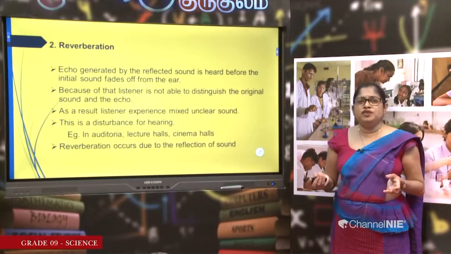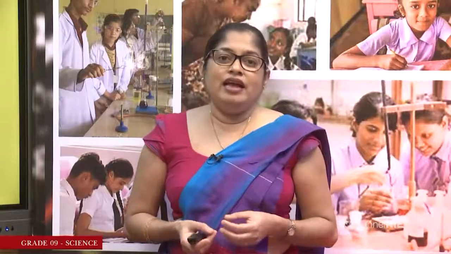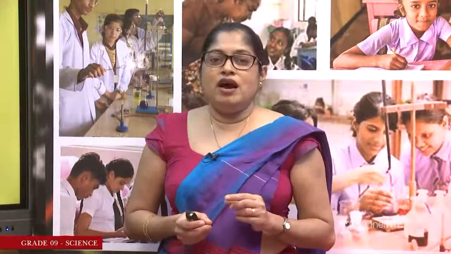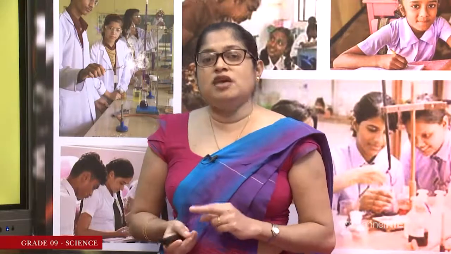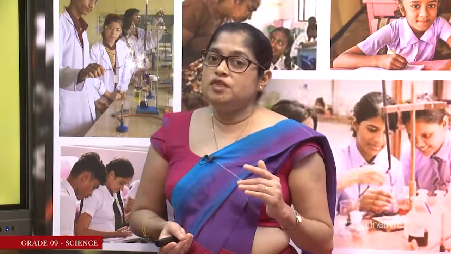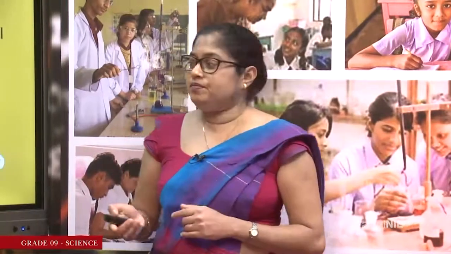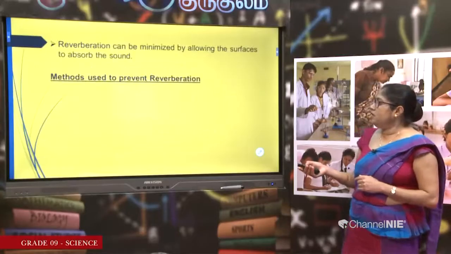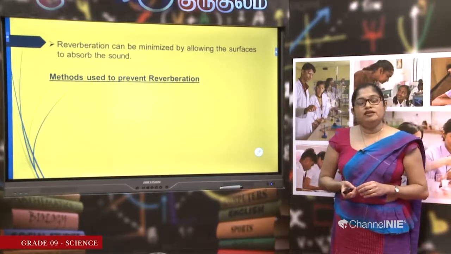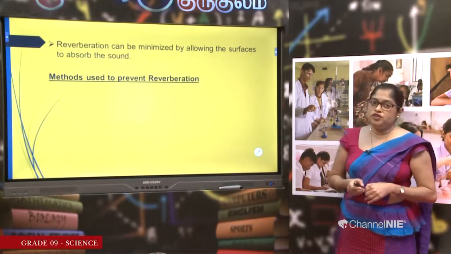So, what is the difference between echo and reverberation? In echo, there are two distinct sounds, but in reverberation, the sound is persistent or continued. So, if you want to hear a clear sound, you have to minimize reverberation.